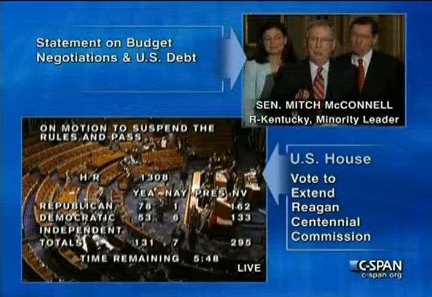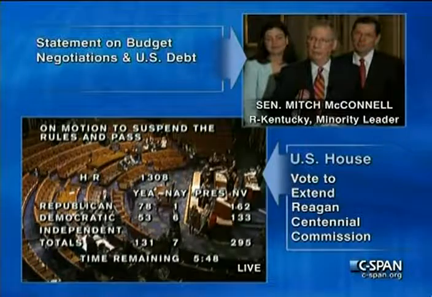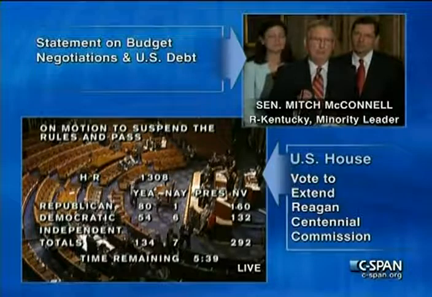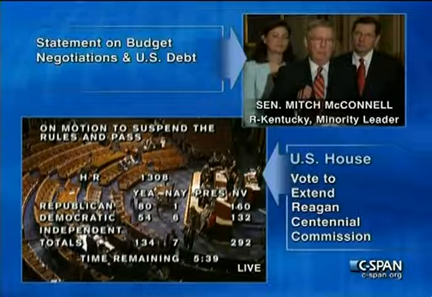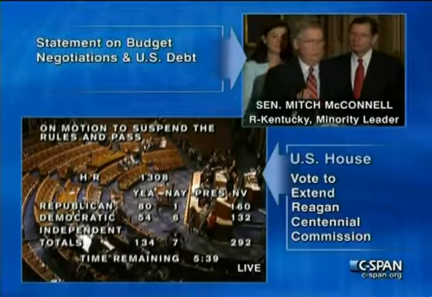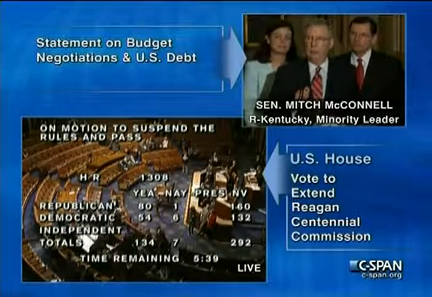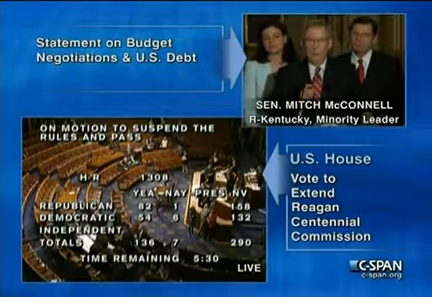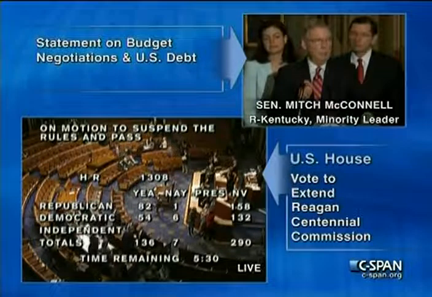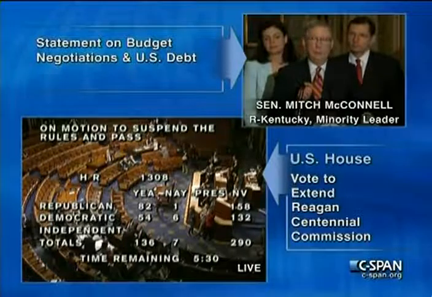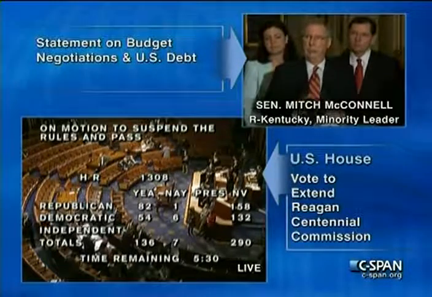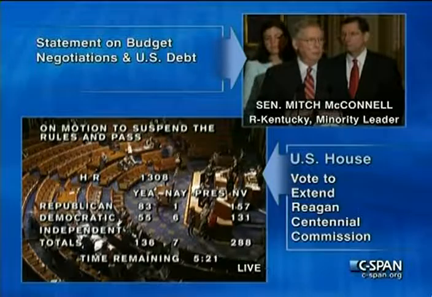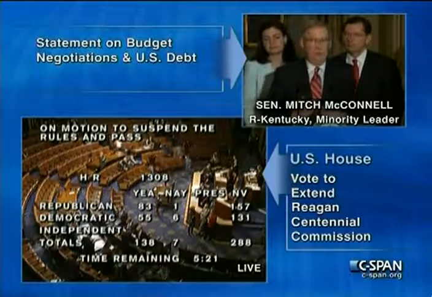My view is, and I hope this will be the view of every single Senate Republican, that in order to get my vote for raising the debt ceiling, we would need to do something significant about the debt, and let me define what I would view as significant. Something that the markets would view as significant, something the American people would view as significant, something foreign countries would view as significant.